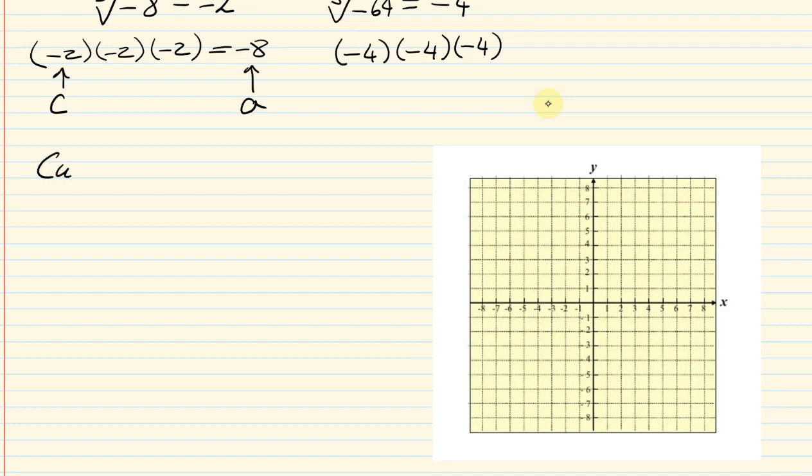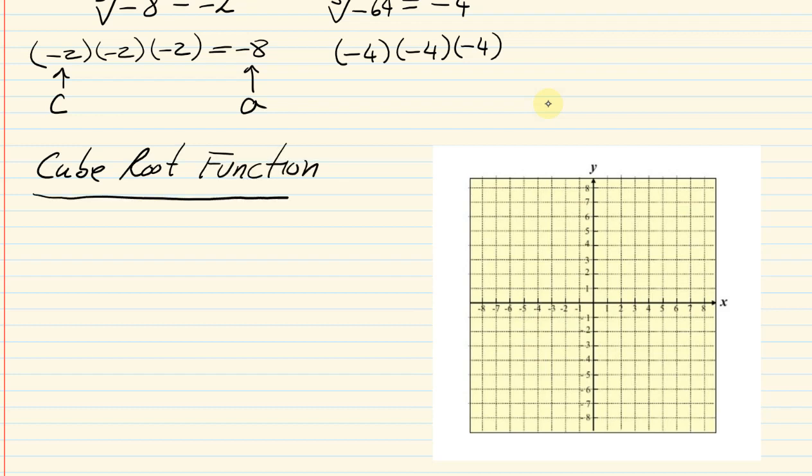Okay, let's take a look at our cube root function now. So we're going to add a function to our gallery of functions. Now the cube root function is one that looks like this. F of x is equal to the cube root of x. In this case, I'm going to again plot points, and we are allowed negative numbers.